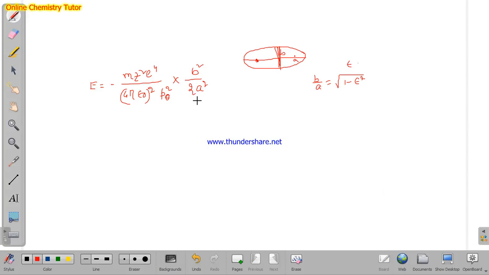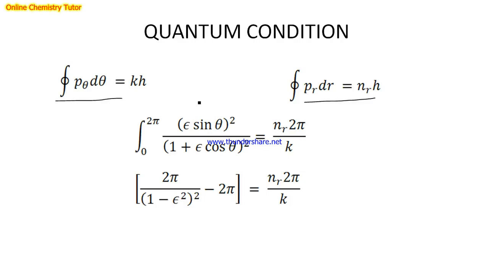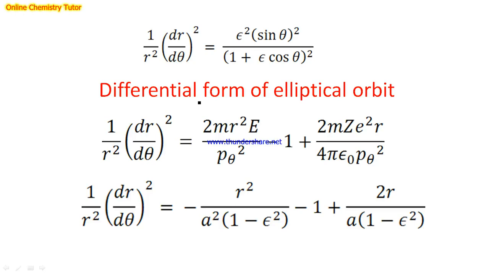And from these two relations, the differential form of the elliptical orbit, these have two different values. We have discussed all these in our previous video, so please see the last video on the Sommerfeld atomic model for how we got it.